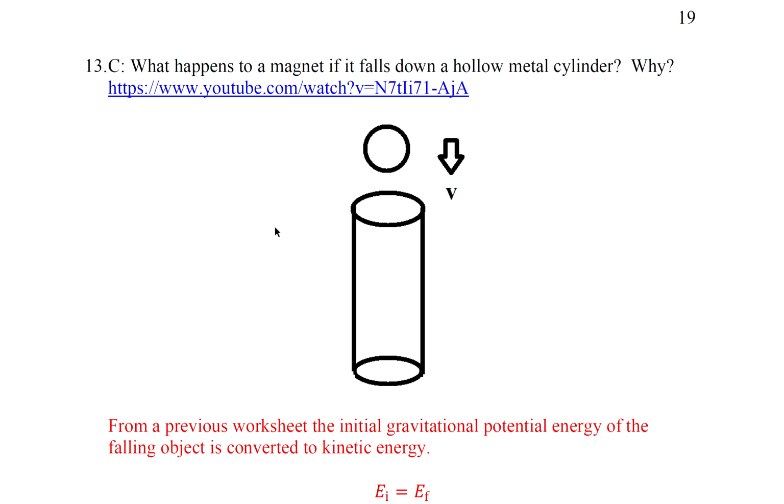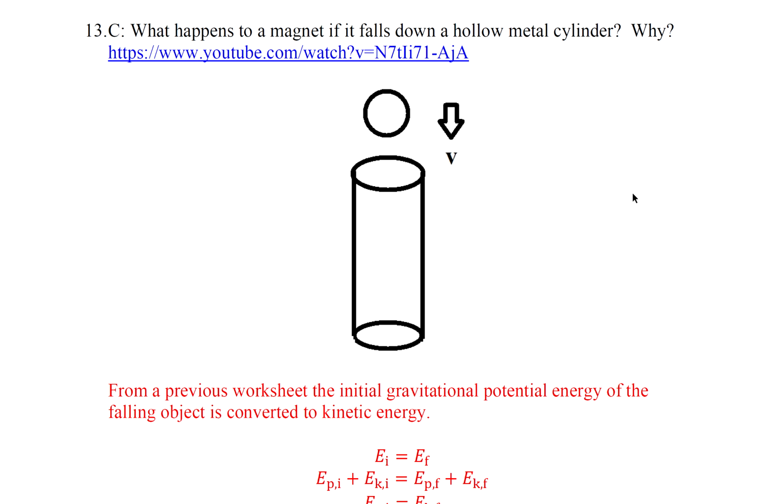Question 13. What happens to a magnet if it falls down a hollow metal cylinder, and why? So take a look at this. We have this cylinder. It's empty in the middle. And this is a magnet. It's a sphere, and it's going down through this cylinder.